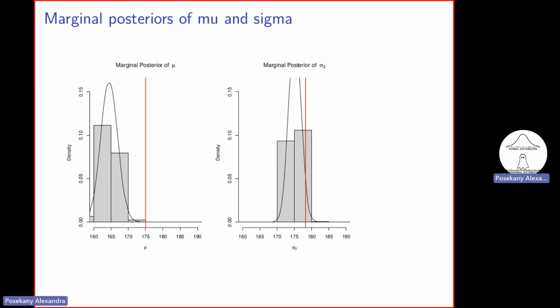So I simulated data around 175 but my posterior is located somewhere between 160 and 165.